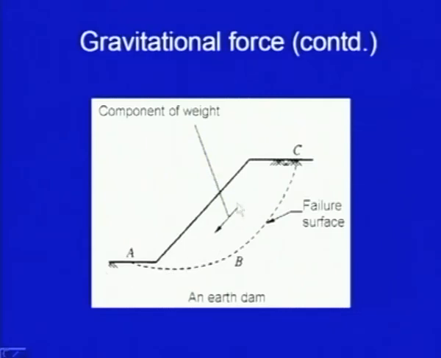Again, if you look at the weight of this particular body, the weight will be acting in the downward direction. One component is acting parallel to this failure surface, another component will be acting perpendicular to the failure surface. So, as a whole, if we take this body, you can see this component of weight is trying to destabilize, trying to create instability in the slope.